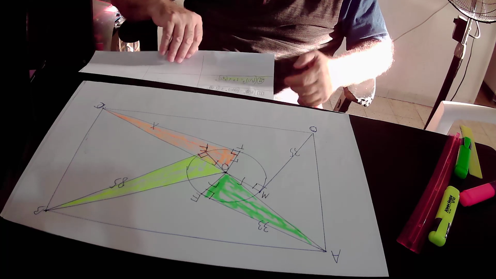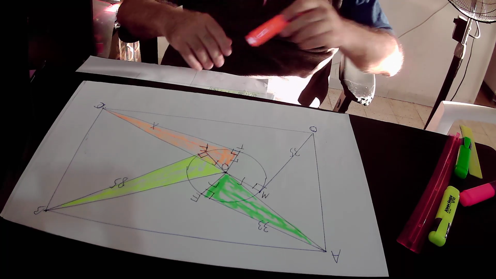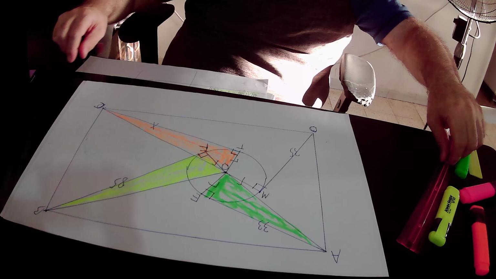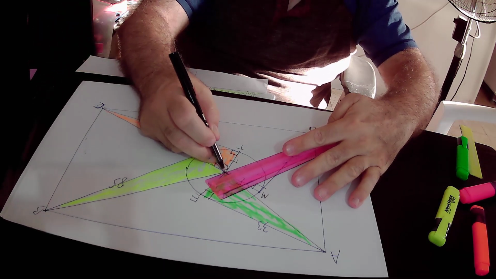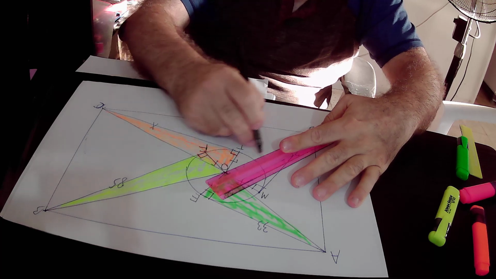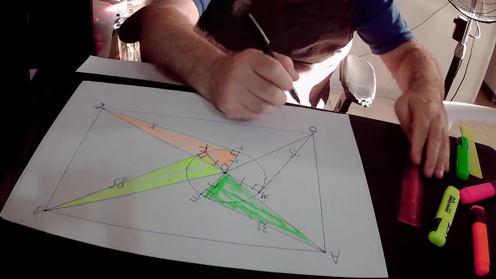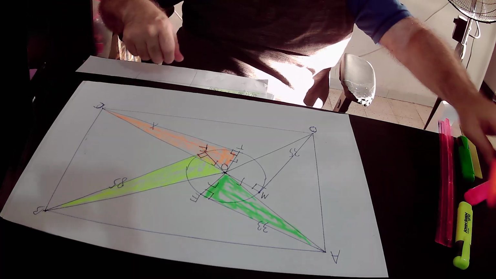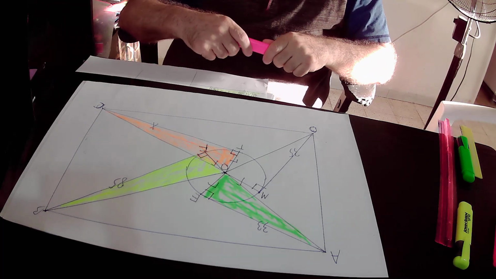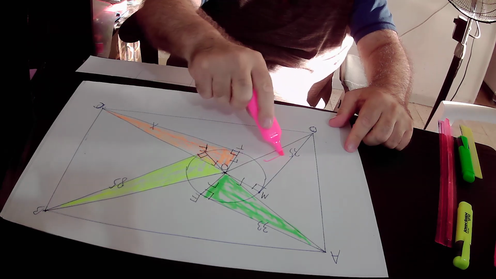And finally, we join points D and O together by a straight line. And we implement the Pythagoras theorem in the right pink triangle, triangle DMO.